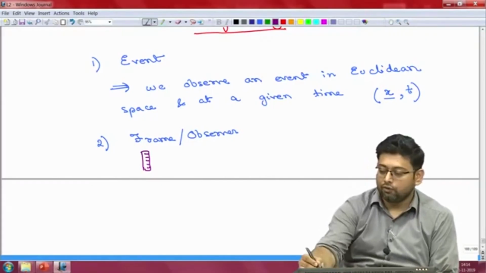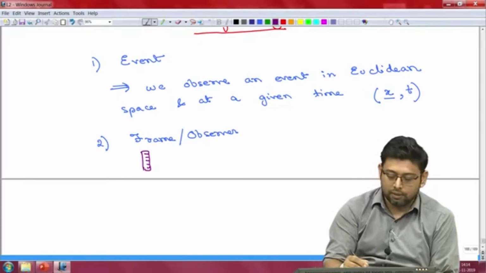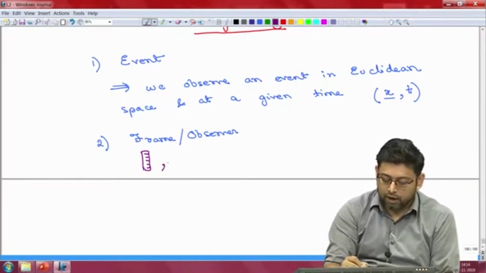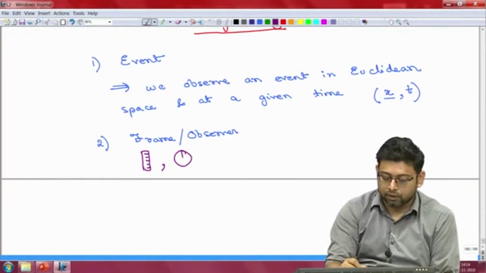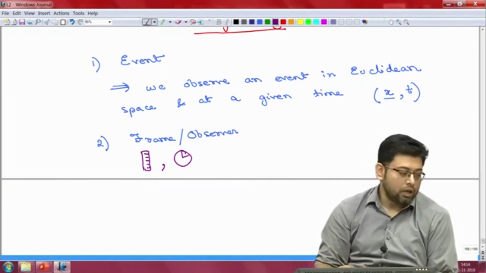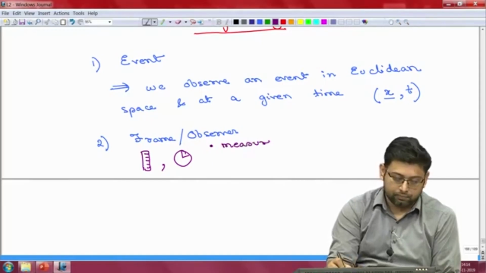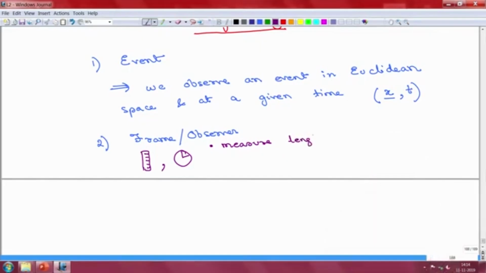Right. So, he needs to figure out what x is, and to do that he must be able to measure lengths, and then he should be able to measure time. So, he also has a watch with him. Okay. So, the observer should be able to measure lengths in space, basically spatial intervals, right. And similarly, he should be able to measure time intervals.